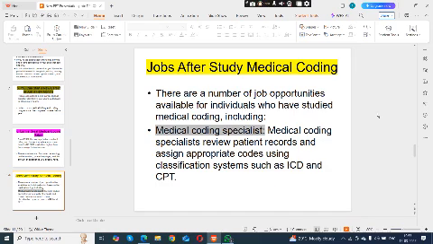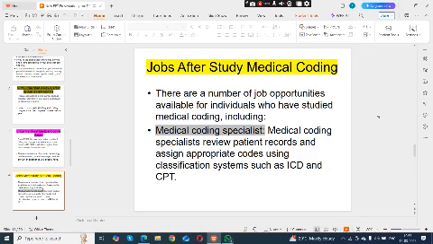And after studying medical coding, what are the job opportunities you will find after finishing this course? There are a number of job opportunities available for individuals who have studied medical coding. The first one is medical coding specialist. They review the patient record and assign the appropriate codes, as we discussed earlier.